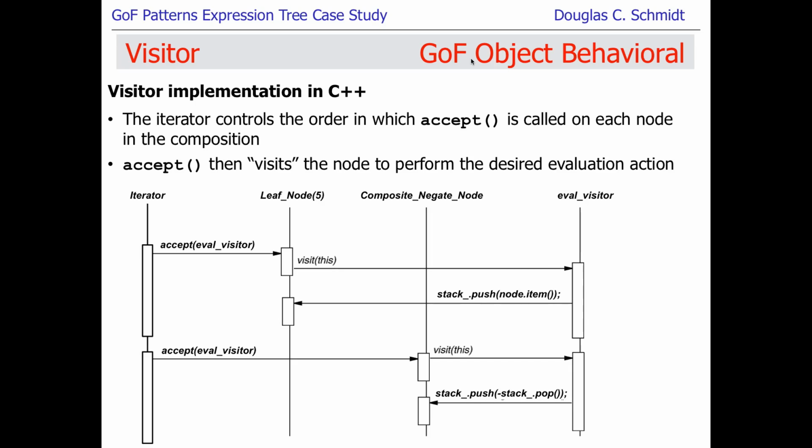For everything we're iterating through, we call accept on it, which double dispatches. Accept is a virtual method dispatched to its appropriate subclass, one of the elements in the composite, which then double dispatches to the visitor implementation, be it the print visitor or the evaluation visitor.